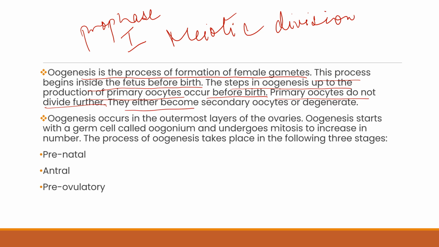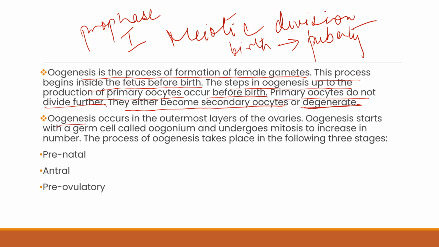They either become secondary oocyte or they degenerate. From birth till puberty, several primary follicles degenerate, but a few are still there which become secondary oocytes after puberty. Is it clear to everyone?